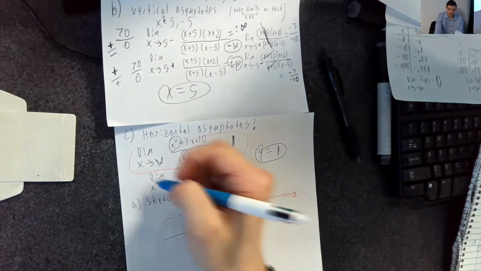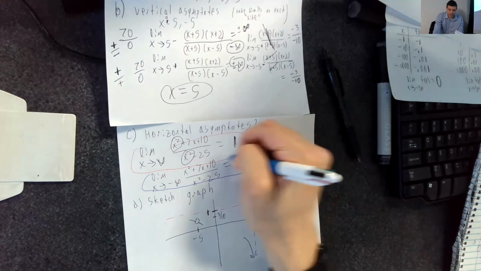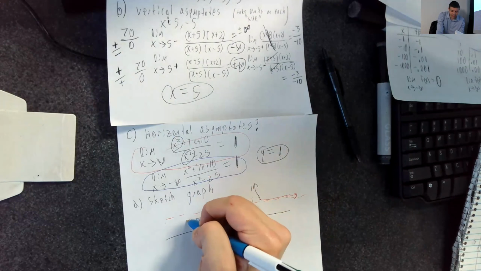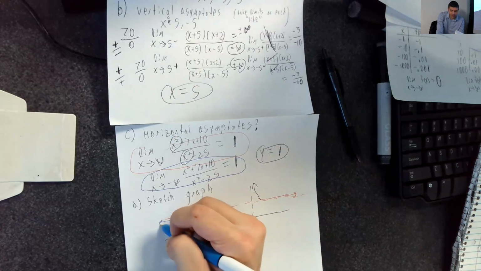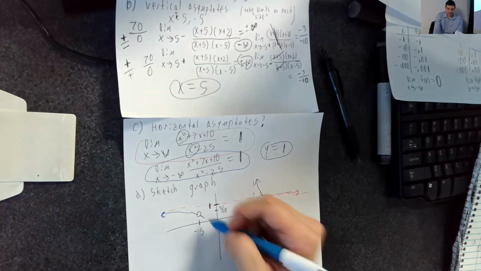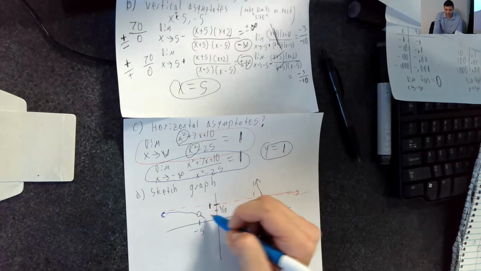Then maybe in blue, this part, x going towards negative infinity, the y values are going towards 1. So y values go like this. Something like that.